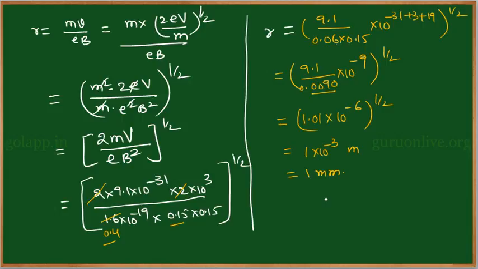Now we need to resolve for the path when the electron is projected with an angle of 30 degrees to the field. So assume that this is a uniform field. An electron is projected in such a way that it is making some angle theta with the field. So the horizontal component of the velocity of the electron is equal to v cos theta, and the vertical component of the velocity of the electron is v sin theta.